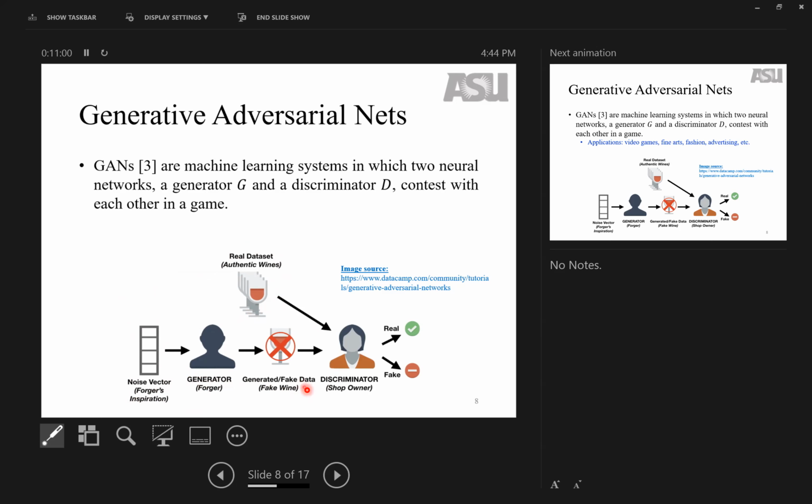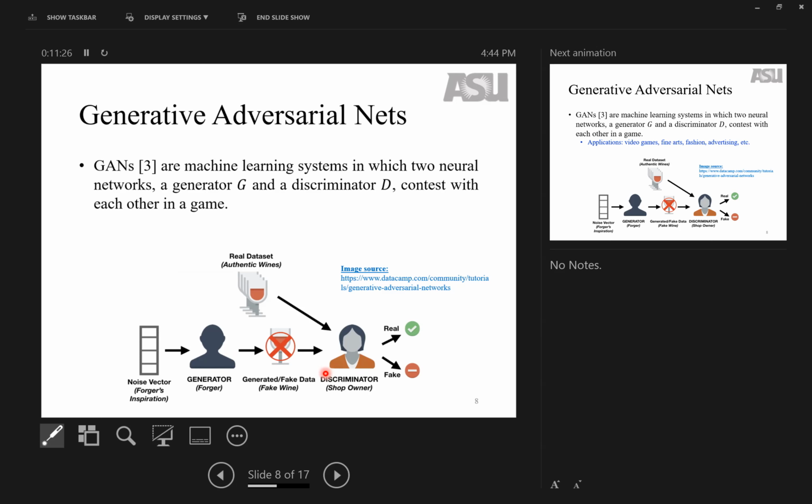Then we have the discriminator. The discriminator takes that image and decides whether it is a real image or a fake image. The generator and discriminator compete with each other. Eventually, the generator wants to generate images that are so real that the discriminator cannot tell they are fake.